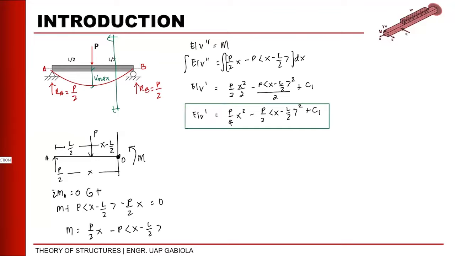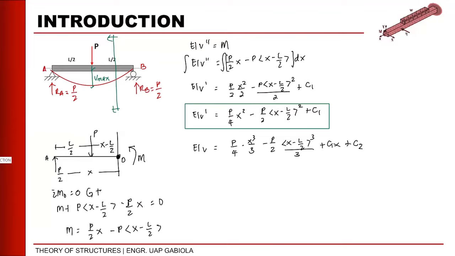Okay. Next is our deflection equation. So integrate lang natin. EIV is equals to, ini-integrate ko, hindi ko lang nalagyan ng symbol, P over 2 times x cube over 3 minus P over 2 times x minus L over 2 cubed over 3 plus C1x, and then meron tayong another constant of integration which is C2.